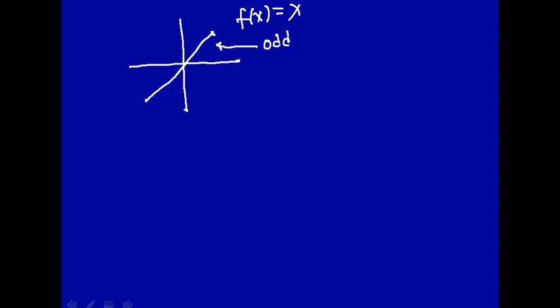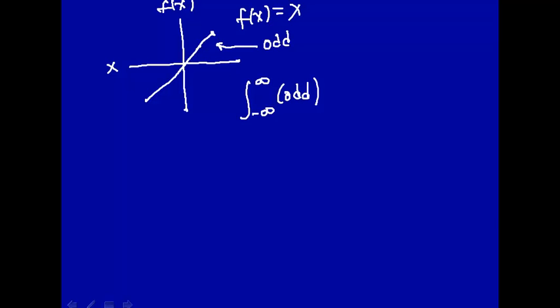Well, let's write an odd function. An easy odd function will be f of x is equal to x. So here we go. f of x is equal to x. And this is an odd function. Now remember, when we integrate over all space, minus infinity to infinity, of this odd function, integration is essentially a summation.